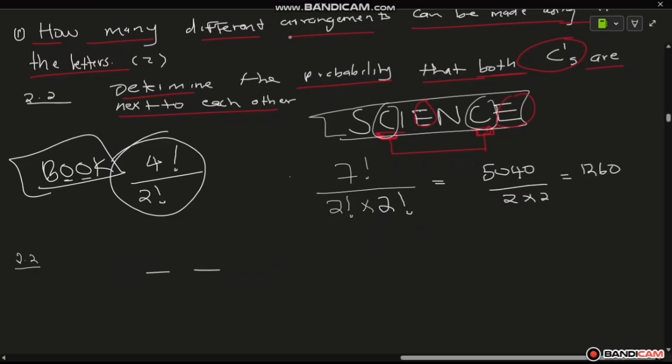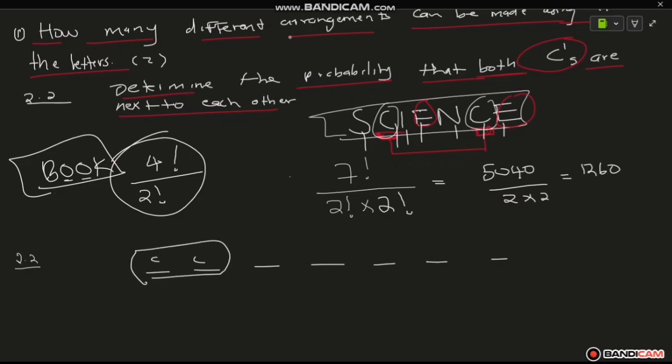All right. So we have 7 letters from the word science, and we must make sure that the C's are next to each other. Since they are next to each other, we must make them be in one spot, meaning the number of spots is going to decrease.